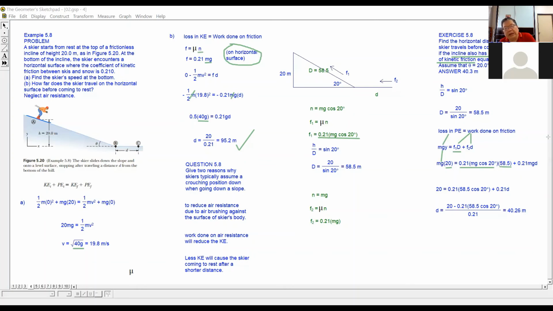Then the other work done is the frictional force on the horizontal plane, 0.21 mg, times the distance traveled along the horizontal plane, which we don't know, so we leave it as d.